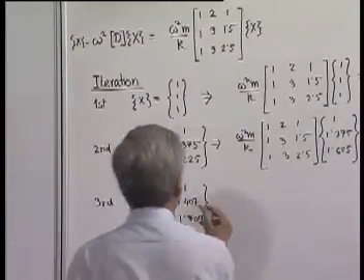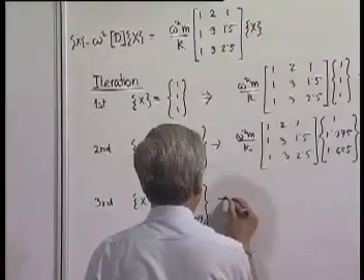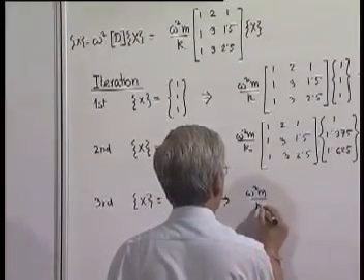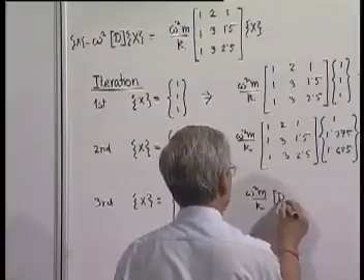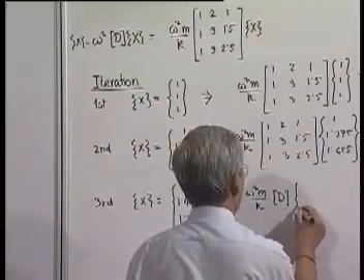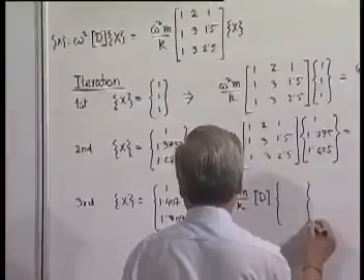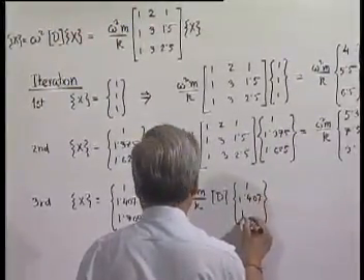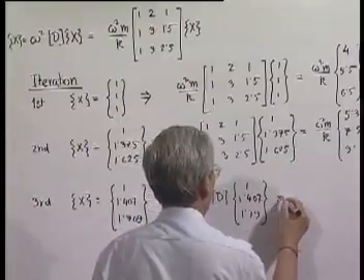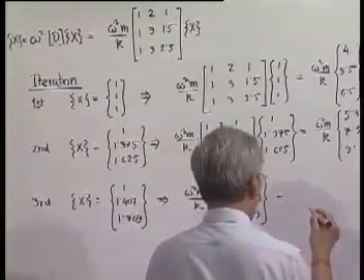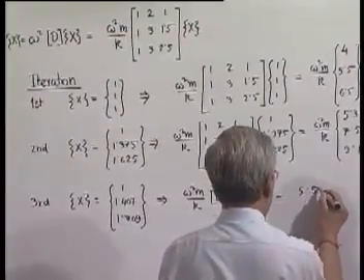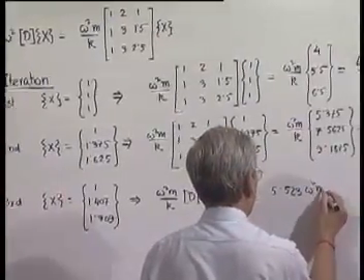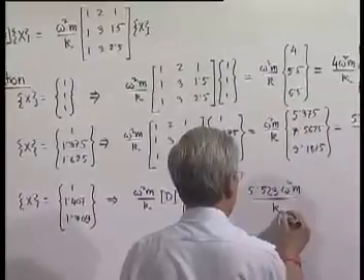Now, if we do this now, what we will get? We will get this as 5.523 omega square m by k.